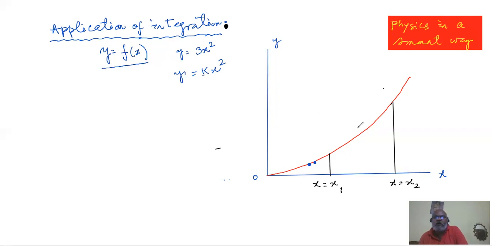Here for this curve, k is positive. Okay, so this is a certain relationship of y with respect to x that we write in general in the style of mathematics as y is f(x).